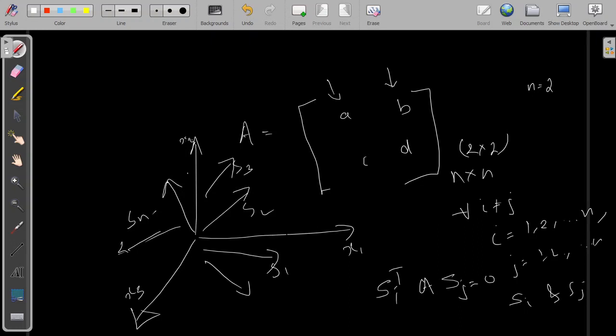You should understand the notations very carefully. This si transpose into A into sj is actually a matrix multiplication. Three matrices are multiplied, right? So si is nothing but a column matrix, because a vector can be represented by a column matrix.